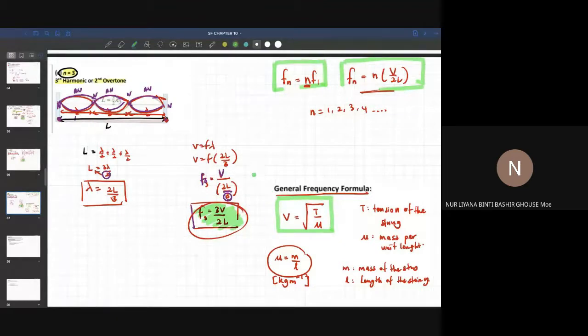You try dulu. If you have any question, you can type dekat chat box, so bila Miss balik, Miss terus nampak dekat chat box.